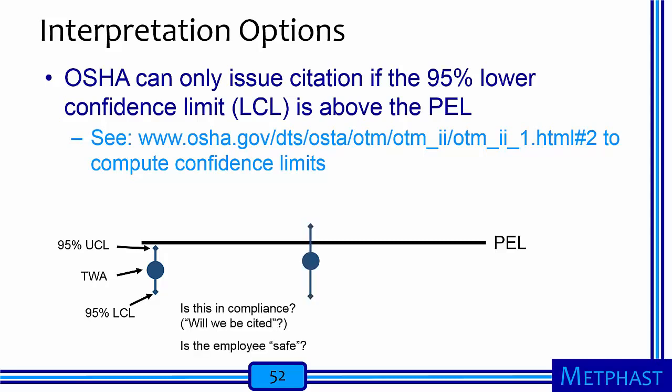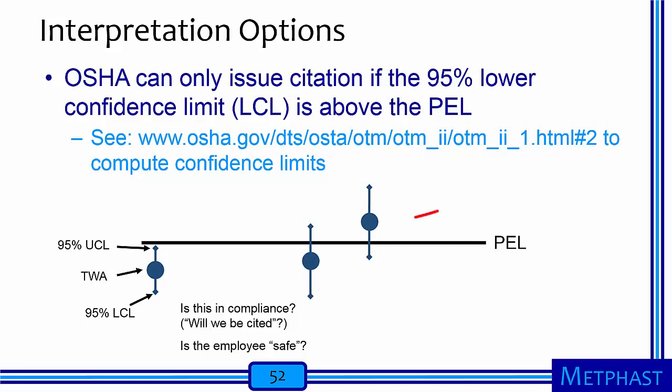The time-weighted average exposure is below the occupational exposure limit, but the tails extend above the occupational exposure limit. So some of the population may be exposed to high concentrations. No citation is issued, but we should look at that exposure and see if we can't do a better job. I'm a little bit worried about that.